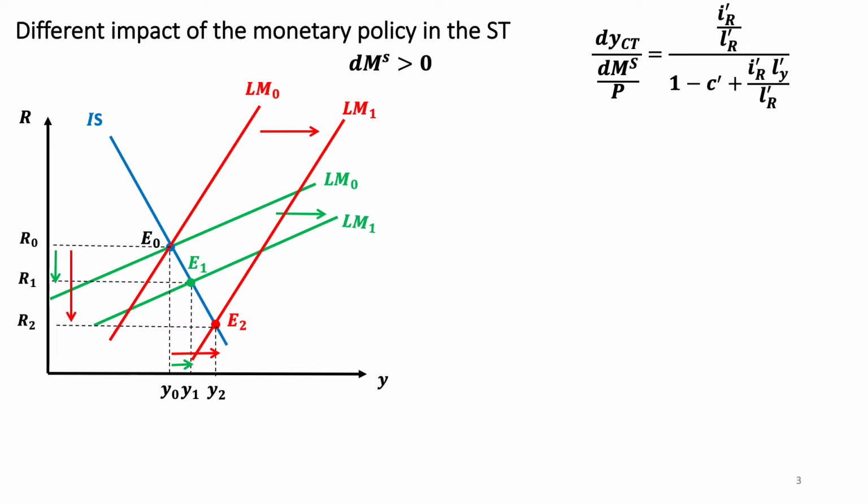So, to come back to the equilibrium on the money market, we need a strong decrease in R to stimulate the money demand for speculative motive, and a high increase in income to stimulate the money demand for transaction motives. Overall, the steeper LM is, the larger the increase in income will be.